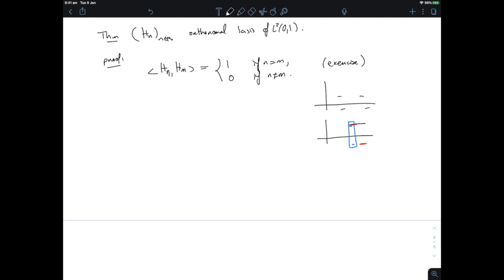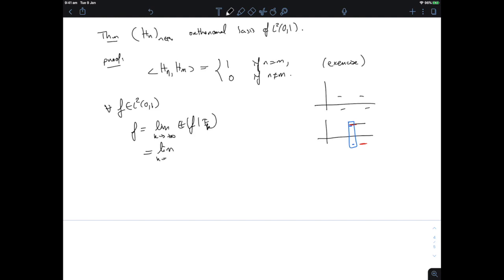And now, is it going to be an orthonormal basis? All you have to show is that it really spans the entire L2 space. But why does it span the entire L2 space? Well, that's thanks to the Lebesgue convergence theorem. We've seen that for any f in L2, f is the limit of the martingale decomposition into the filtration Fk, and that is really equal to the limit of the martingale differences.